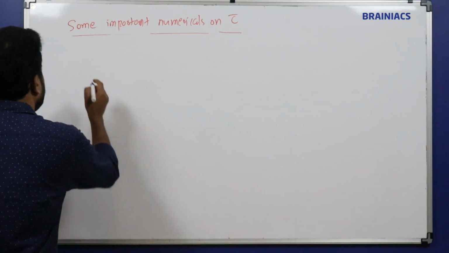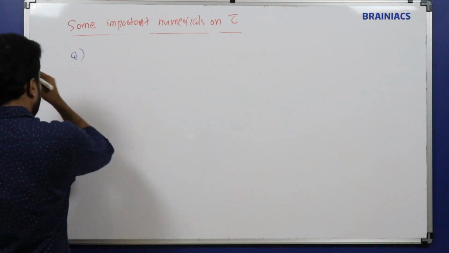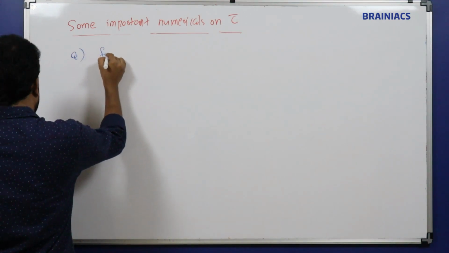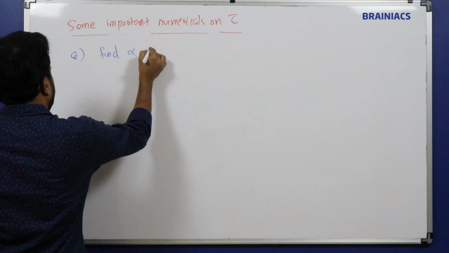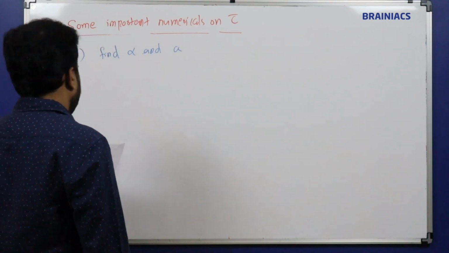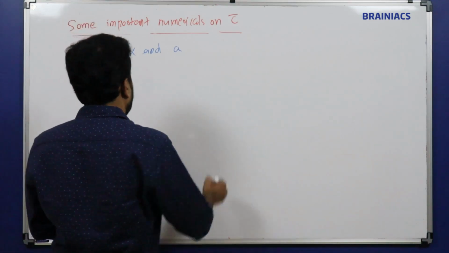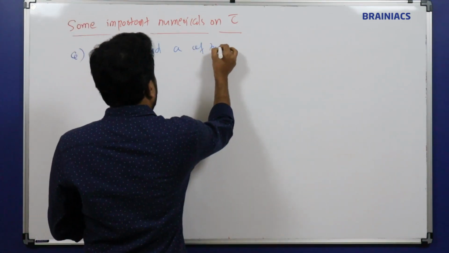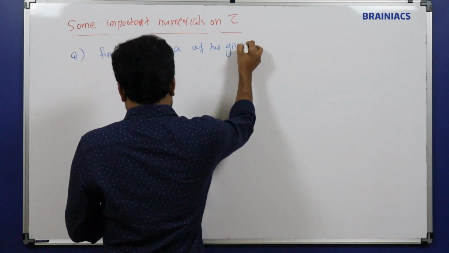Question, here it is given a structure, a diagram. Before that, find alpha and A of the given diagram.